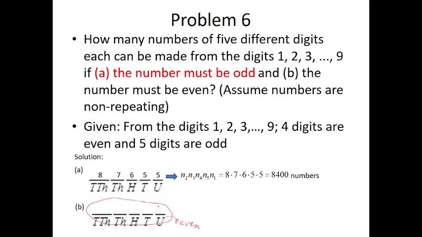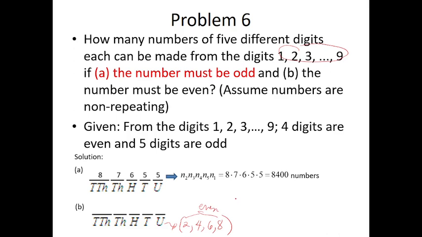And to satisfy that, we have to determine all the possibilities for the last digit. So it is possible that from the digits 1 to 9, it can be 2, it can be 4, it can be 6, it can be 8. So these are the possibilities, right? 2, 4, 6, 8. And all are even.